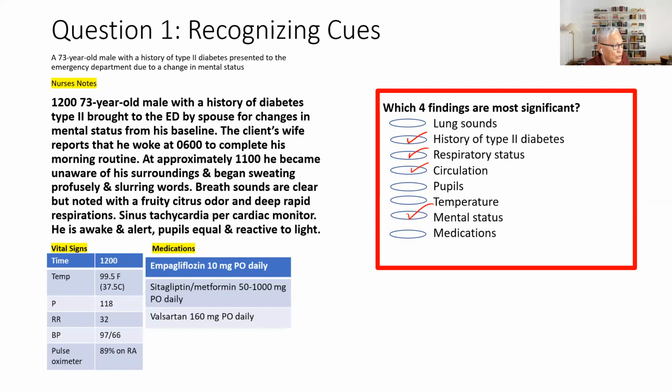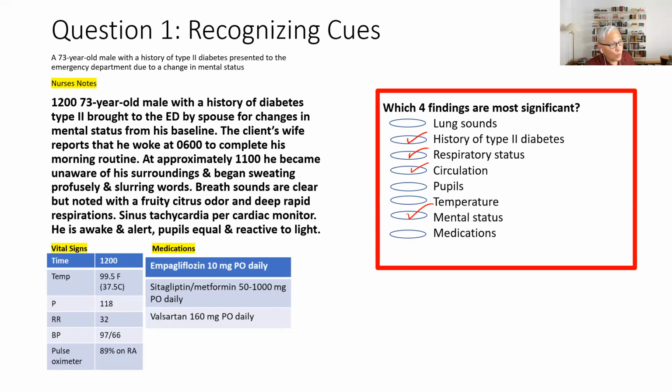The low blood pressure, along with the tachycardia, is a sign of dehydration. You should have suspected DKA right away, and if it's DKA, then you're going to have dehydration. So where's the dehydration here? It's the pulse rate as well as the low blood pressure.